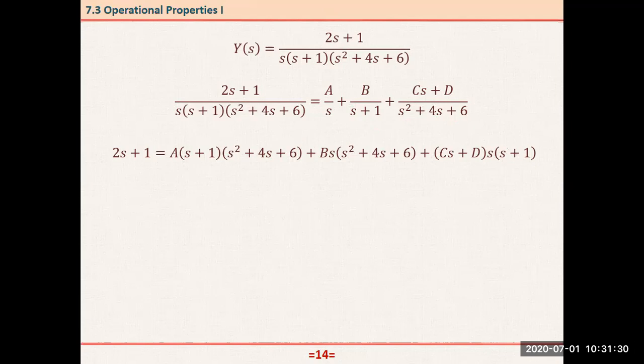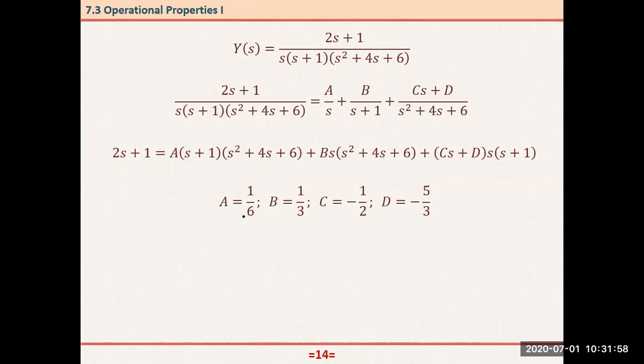Now substituting some suitable values for s, we can determine the values of a, b, and c, right? For example, let's say s equals 0. If s equals 0, this will disappear, and when it is 0, it is 6, when it is 0, 1. So a equals 1 over 6, right?